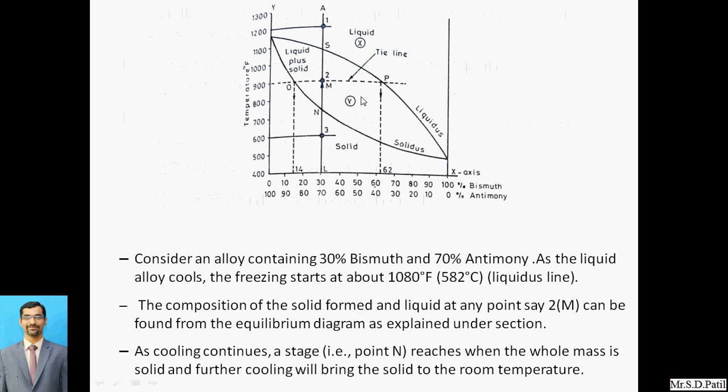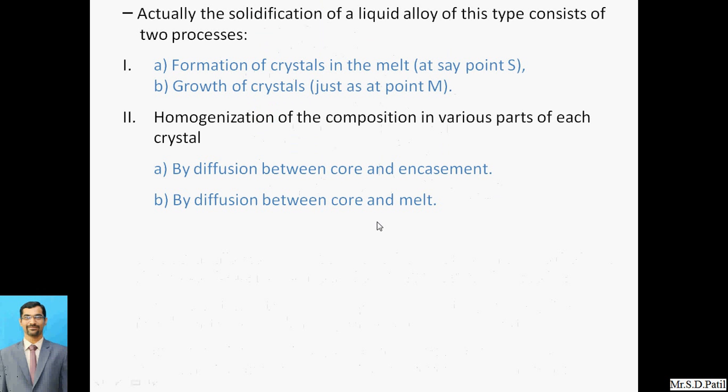When we talk about solidification structure, solidification means it has a crystal structure. So when the solid state increases, the growth of crystals will increase, and at point M we get a high amount of crystals.